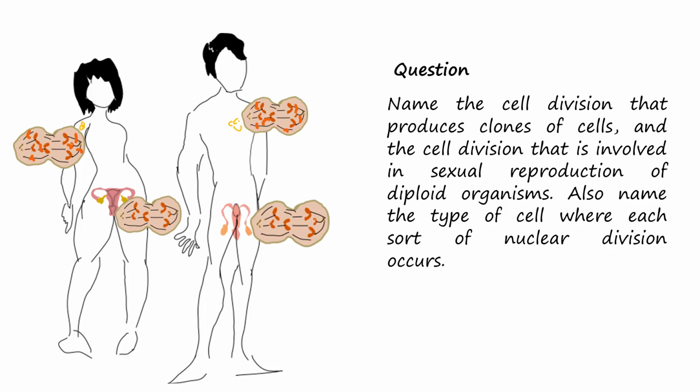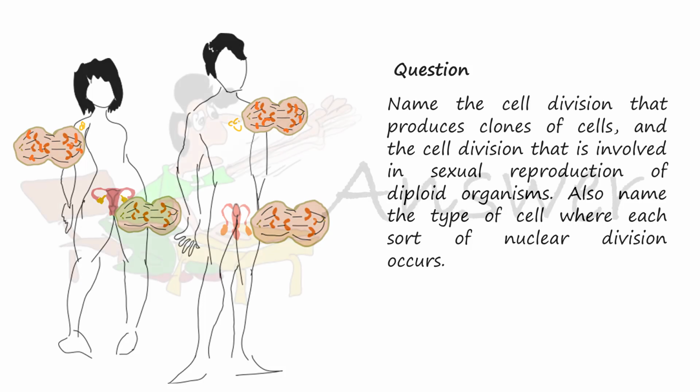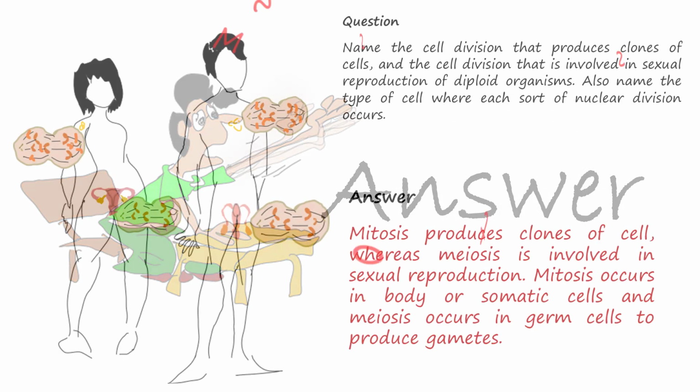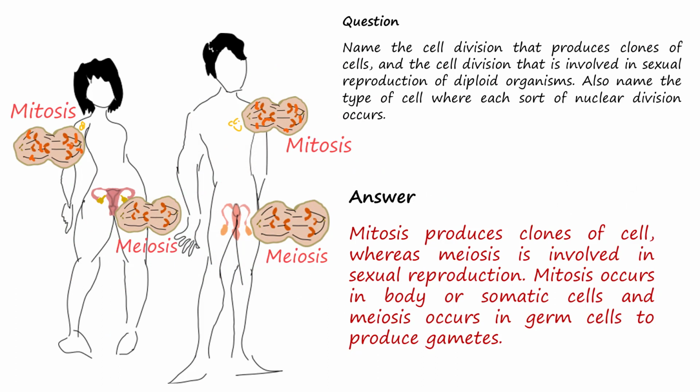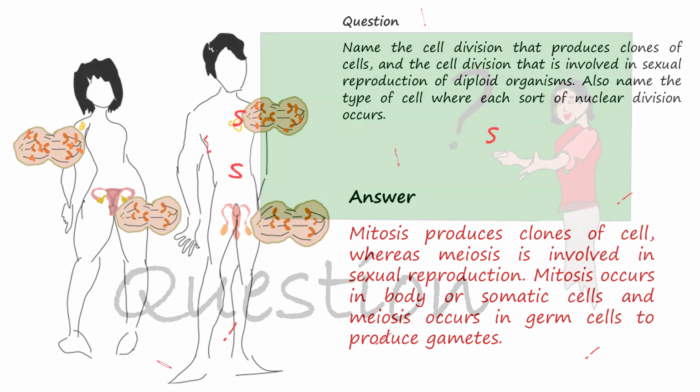Also, name the type of cell where each sort of nuclear division occurs. Answer. Mitosis produces cell clones, whereas meiosis is involved in sexual reproduction. Mitosis occurs in body or somatic cells, and meiosis occurs in germ cells to produce gametes.